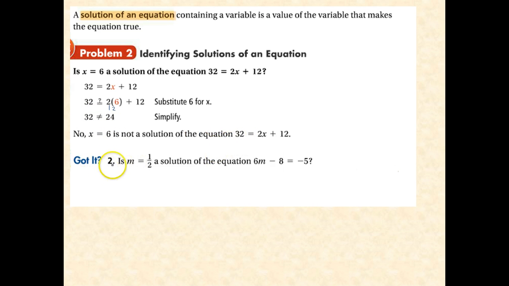Alright, see if you can answer this guy. Pause it when you're ready. Push play when you're ready to see the answer to whether this is a solution or not. Alright, well, what we can do is substitute the 1/2 in for m and see if the left side equals the right side. 6 times 1/2 is 3.